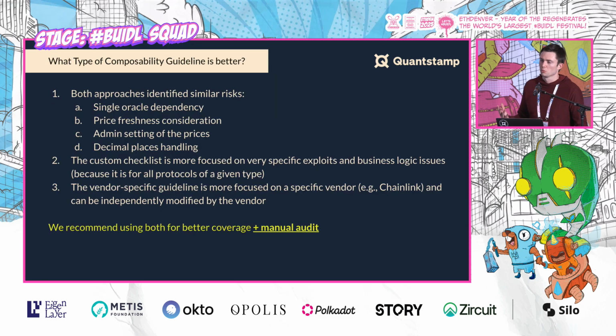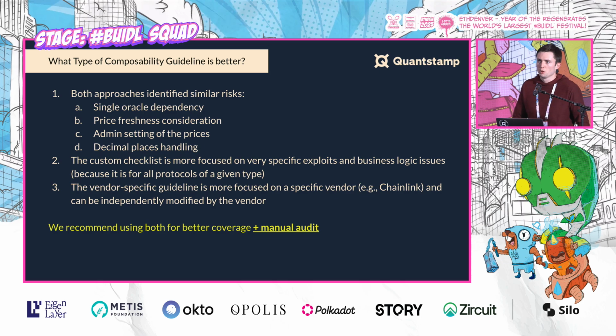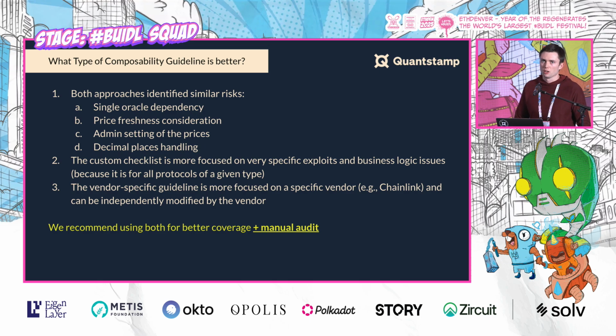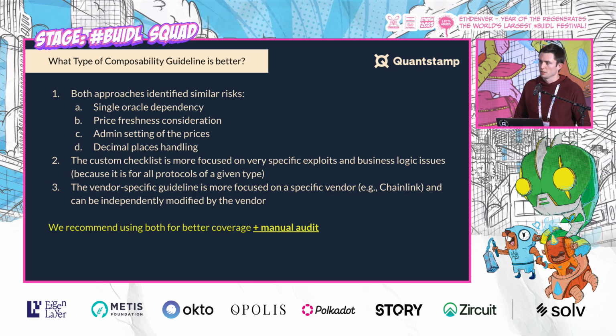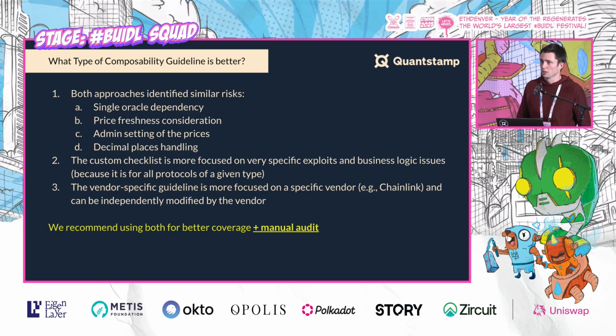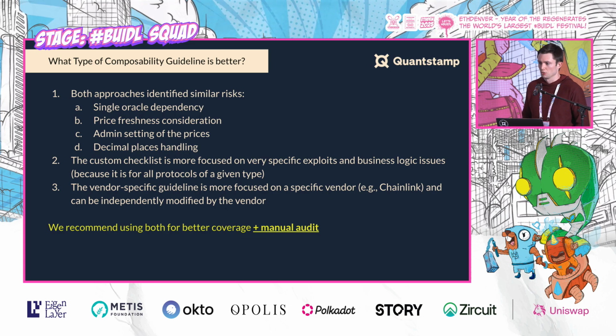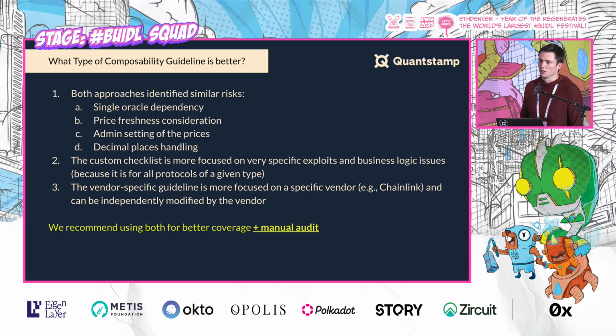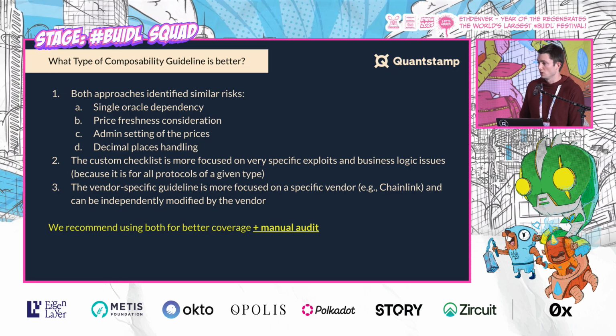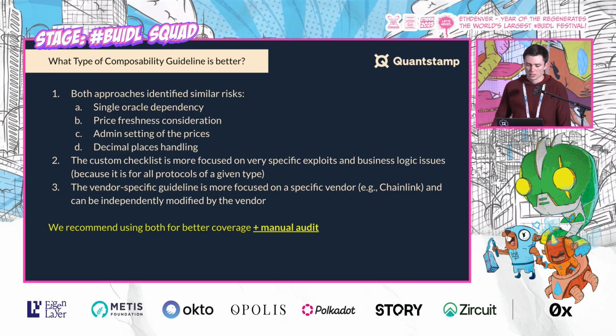So our takeaway from this was that you kind of need both. You can't always rely on one protocol to give you good enough security guidelines that you can just feed into an LLM along with the contract and assume that you are going to have all of the information that you need for the audit.